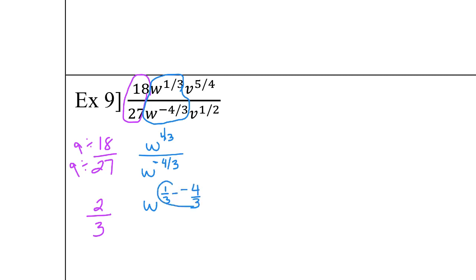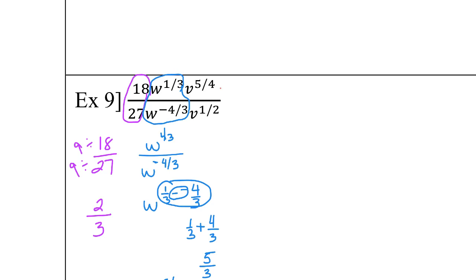We're going to complete this on the side. Now, minus a negative is actually adding. So it's 1/3 plus 4/3. My denominators are already the same, so 1 plus 4 makes 5 over 3. So this little piece simplifies down to w to the 5/3.